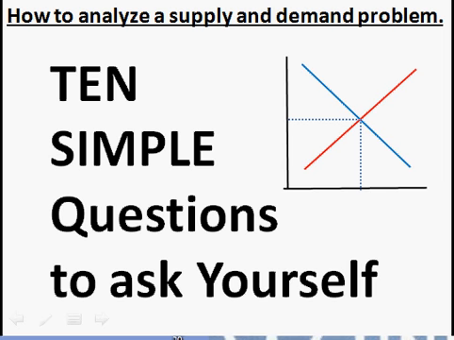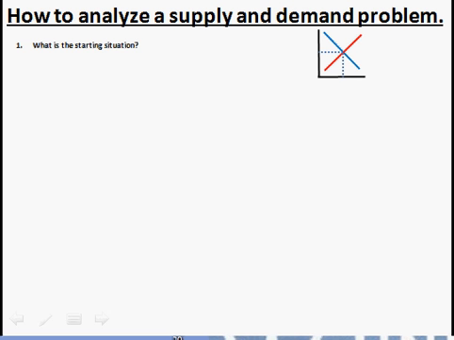To begin with, we want to know, what is the starting situation? Invariably, we start at equilibrium, and we're given a situation, what the starting point is. Then the second thing that we're given is what the change in that situation is.